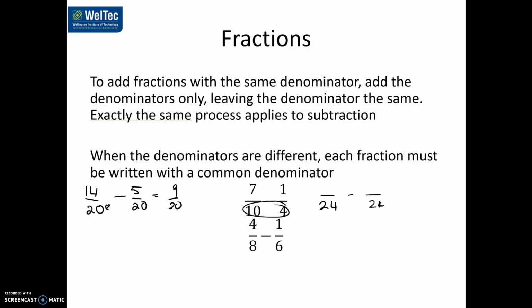For 4 over 8, we've multiplied 8 by 3, so multiply 4 by 3; multiply 6 by 4 to get 24. So 12 minus 4 is 8 over 24, which is 8 times 1 over 8 times 3. So the final answer is 1 over 3.